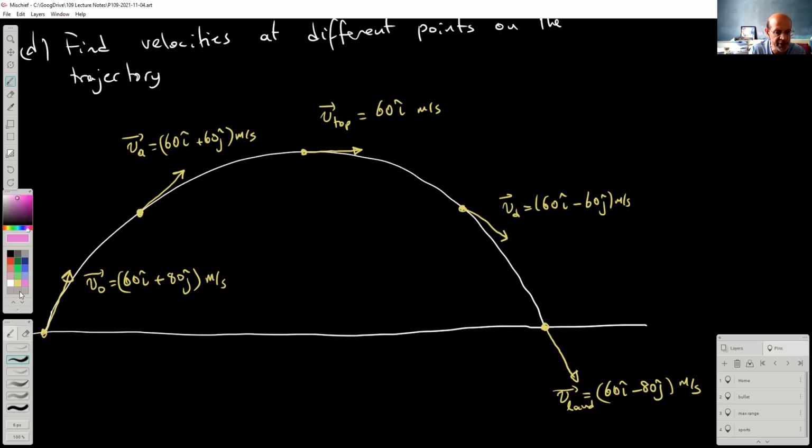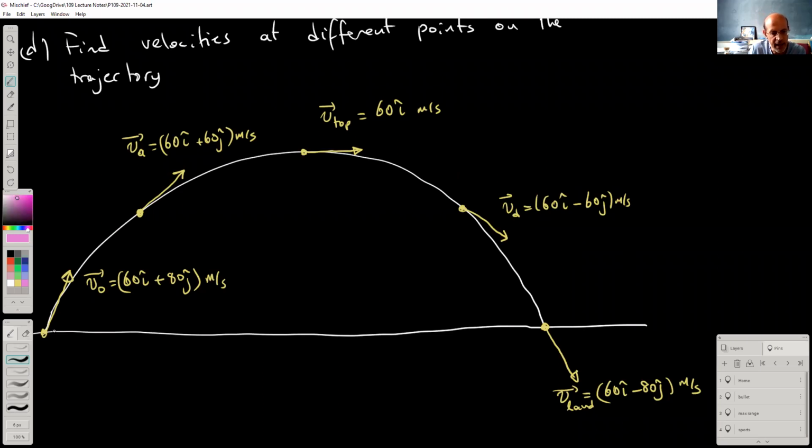All right, let me use a pink color in here. In all of these cases, all x components of the velocity are the same, but the y components change. First it starts from a positive value, decreases, becomes 0, becomes negative, becomes more negative, right?